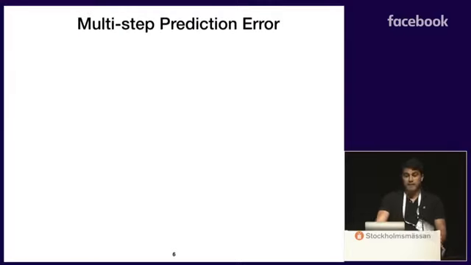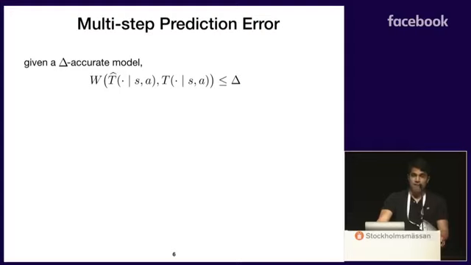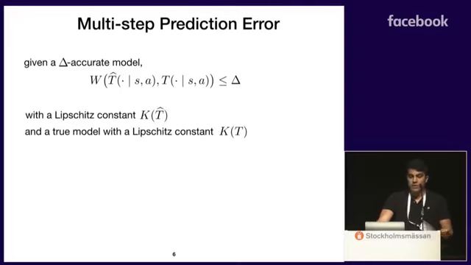All right, so the first theorem, it talks about multi-step prediction error. It says, imagine we have a one-step model that is delta accurate, where we quantify error using Wasserstein. And also assume we have a Lipschitz model, an actual Lipschitz model, and a learned Lipschitz model. So both are Lipschitz. Then what happens after n steps?